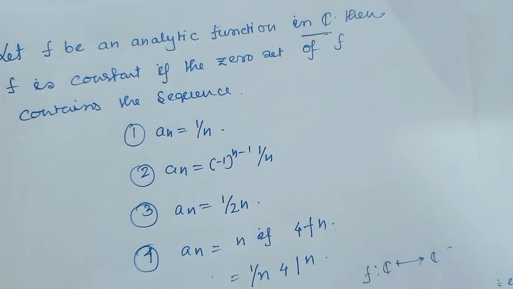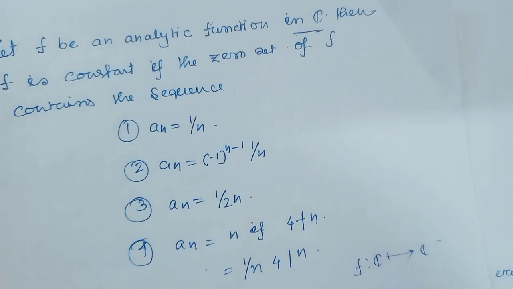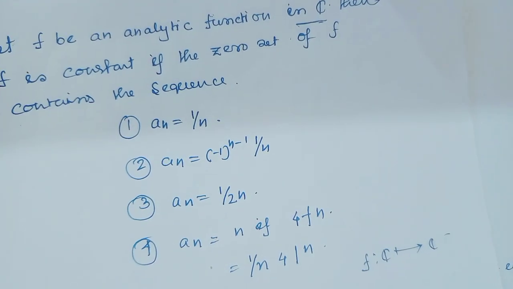Option 2, a n equal to minus 1 to the power n minus 1 times 1 over n.